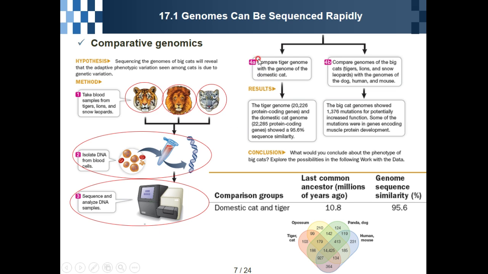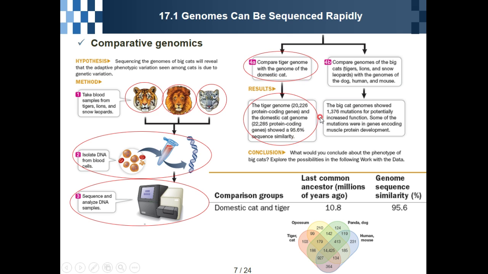In this case, they compare the tiger genome with the genome of the domestic cat. Many students have a domestic cat in their home. First of all, they compare the genome of the tiger and the domestic cat.